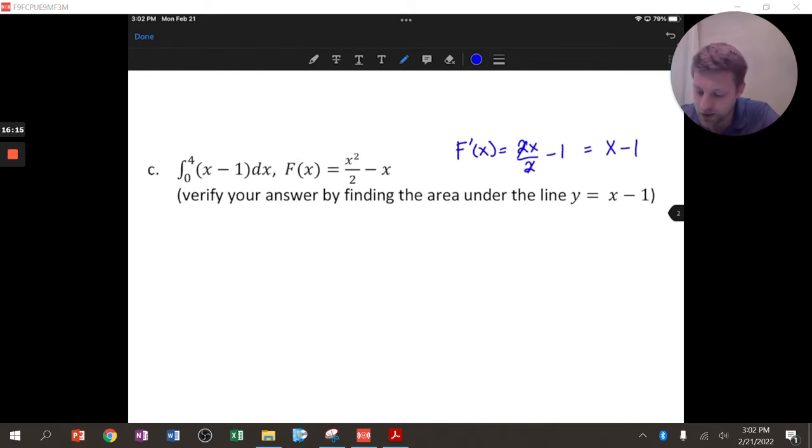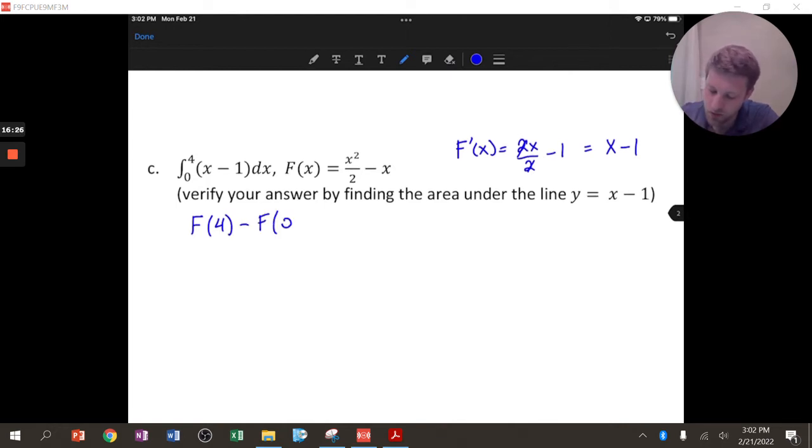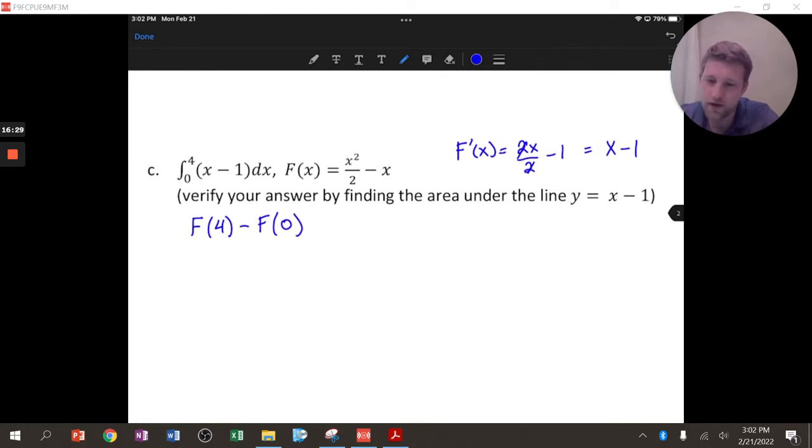So let's go ahead and find it with the fundamental theorem of calculus. We want capital F at 4, our upper endpoint, subtract capital F at 0. We'll evaluate both of those. Capital F at 4 is going to be 4 squared divided by 2 minus 4. Then we'll subtract the evaluation at 0, which is just 0 over 2, subtract 0.